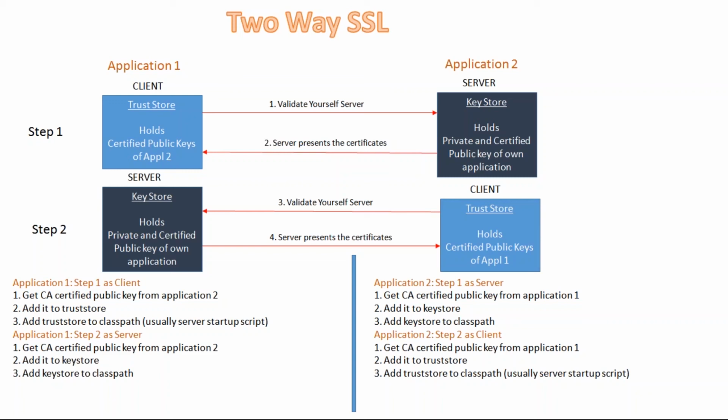For step 2, the same thing happens: as application 1 becomes the server, it should generate a public private key, hold it in a key store, and issue the certified public key to the client, which in this case is application 2, which should add it to its trust store. And once this part is done, you are ready to go.